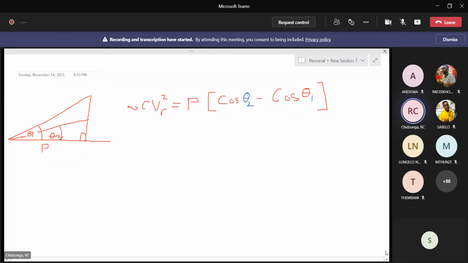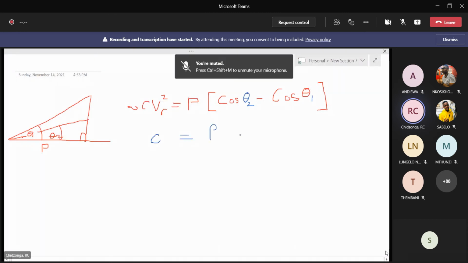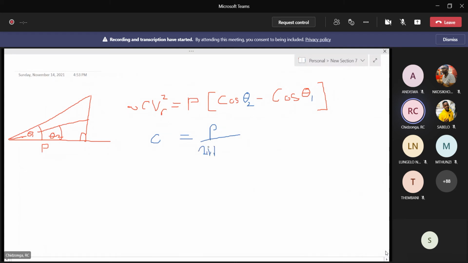Remember, θ2 is the smaller angle, so it will have a higher value of cos theta. So the capacitance is equal to P all over 2 pi f V squared, in brackets cos θ2 minus cos θ1.